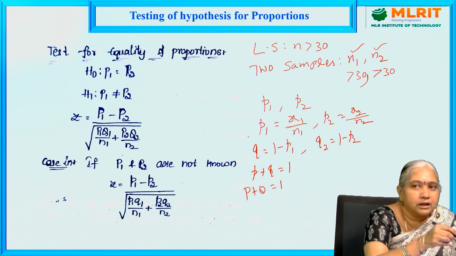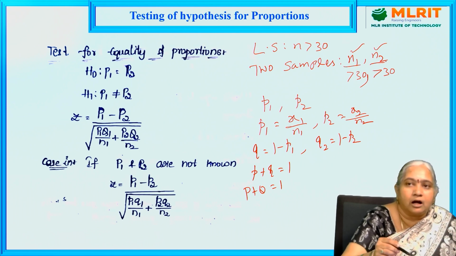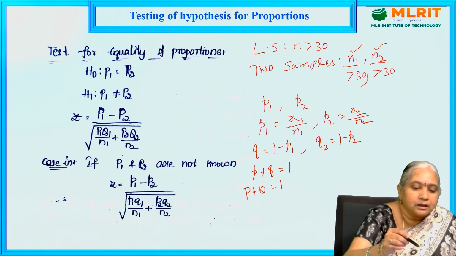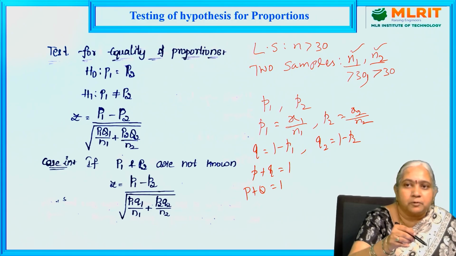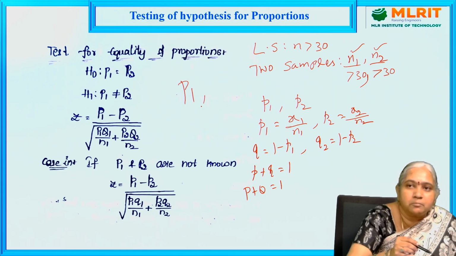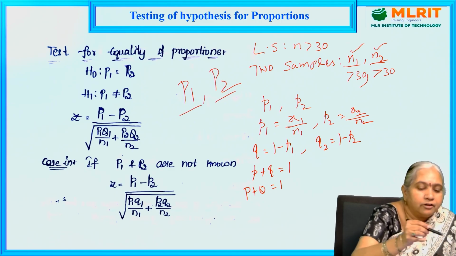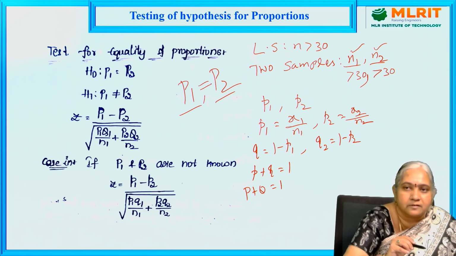And we define the null hypothesis: these two samples are drawn from the same population, or the two population proportions are equal. Suppose the first population proportion is capital P1 and the second is capital P2; then the null hypothesis H0 is that these two population proportions are equal.